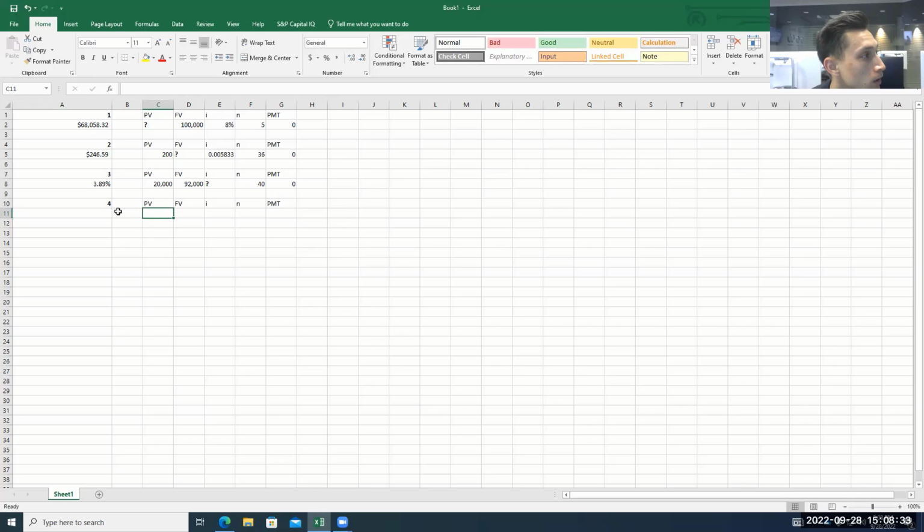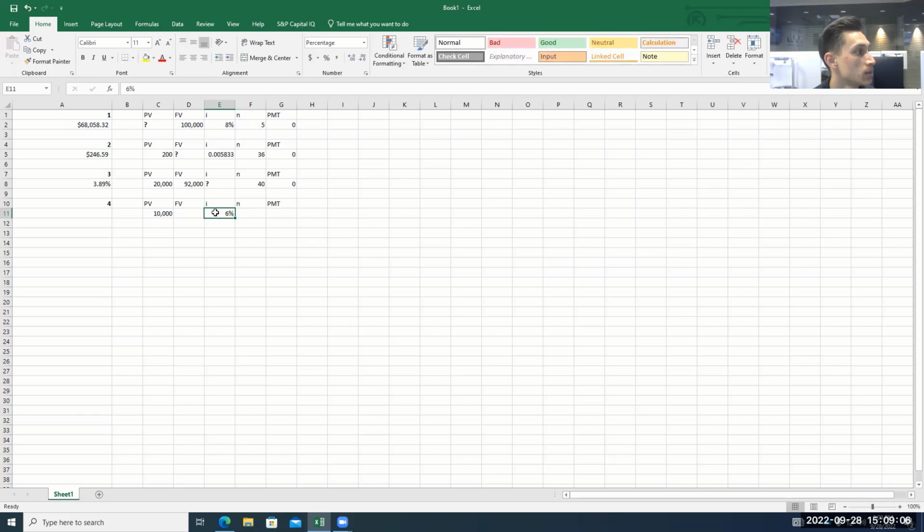So it says Kenneth has $10,000 he is placing in a savings account. That is going to be our present value. He's placing that $10,000 today. That savings account is going to pay 6% interest compounded annually. It's just yearly, so it is going to be the whole 6% interest. We'll plug that 6% into our interest.